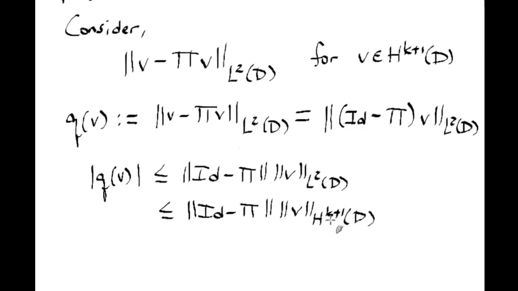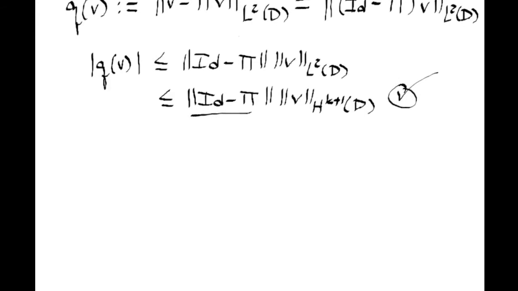I'm assuming that you do know some functional analysis, so you know why this is the case. Really, it's just that you have extra terms in this norm. So this norm of the identity minus the projection is just a constant, so you have a constant times the norm of v. So Q is a bounded functional.